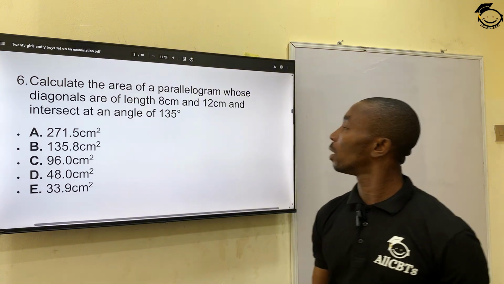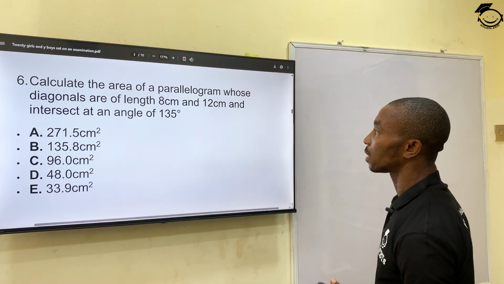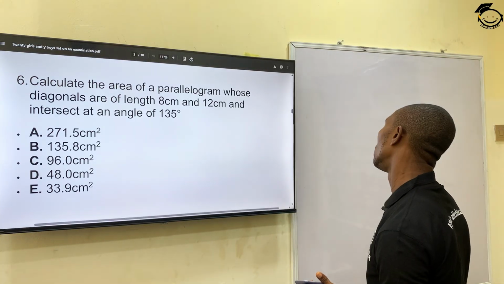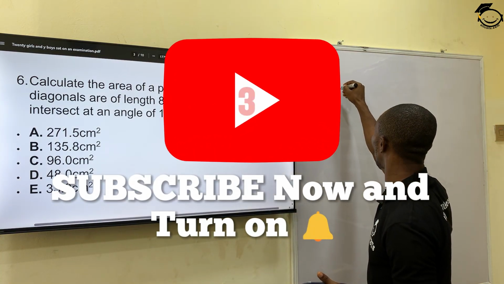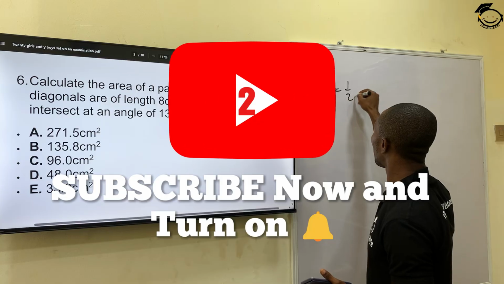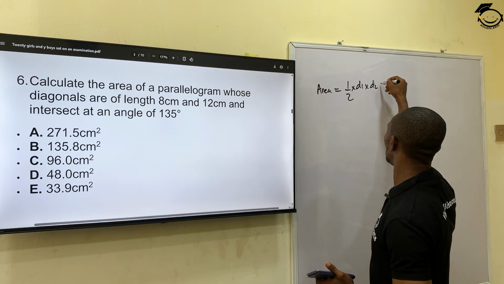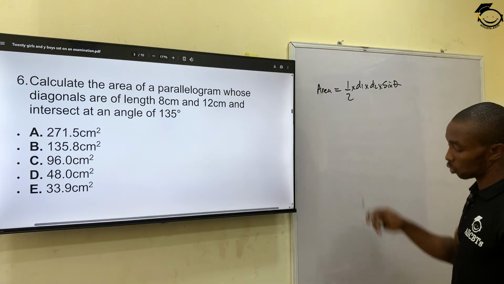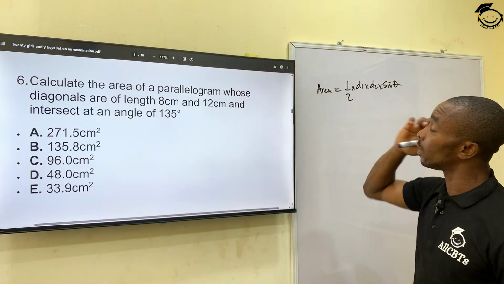Calculate the area of a parallelogram whose diagonals are of length 8 cm and 12 cm and intersect at an angle of 135. For the area of a parallelogram, we have half times d1 times d2 times sine theta, where d1 and d2 are your diagonals and theta is your angle of intersection.